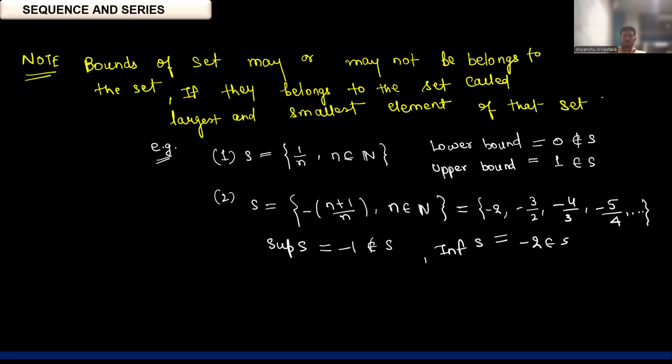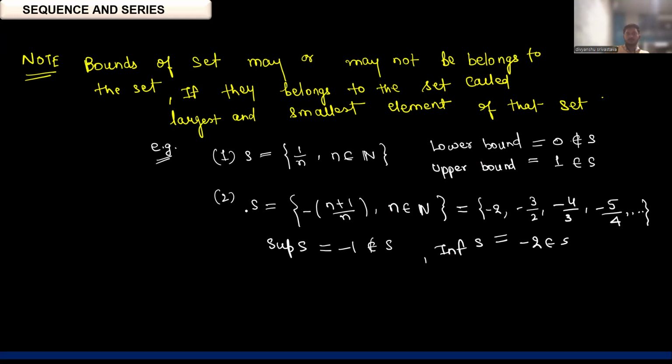Okay. So here, bounds of a set may or may not belong to the set. If they belong to the set, they are called largest and smallest element of that set. Maybe you understand this? It means if you have some bounded set, bounds may or may not belong to the set. If they belong to the set, they are called largest and smallest element of that set.